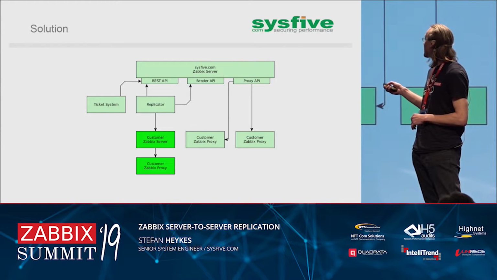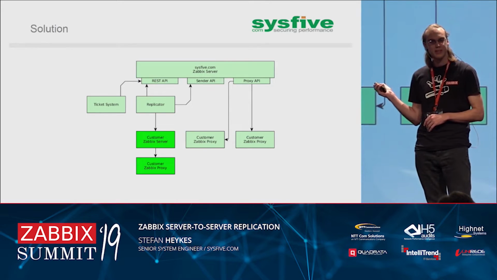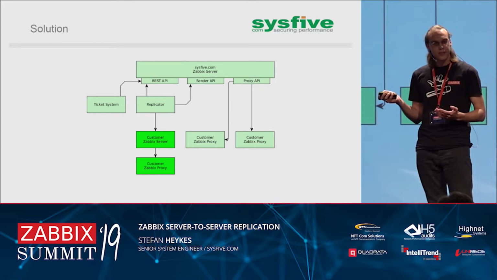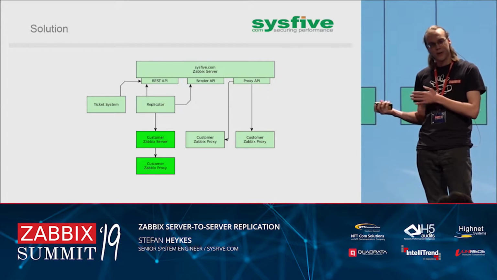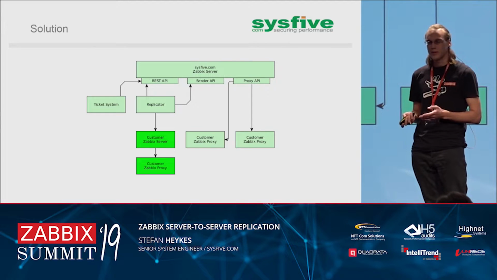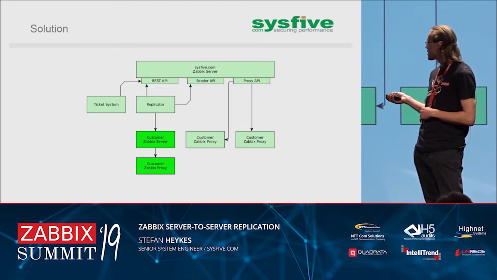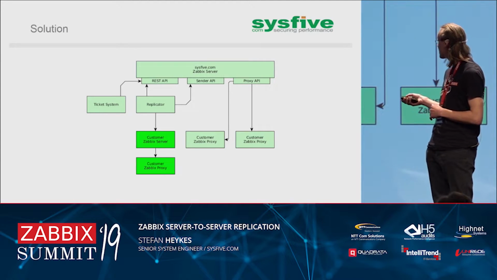And our ticket system is using the REST API to do some updates in Zabbix, for example, to attach comments there when the ticket that was created out of a Zabbix alert got a comment or an acknowledgement, so that our customers who have access can see that something is happening.